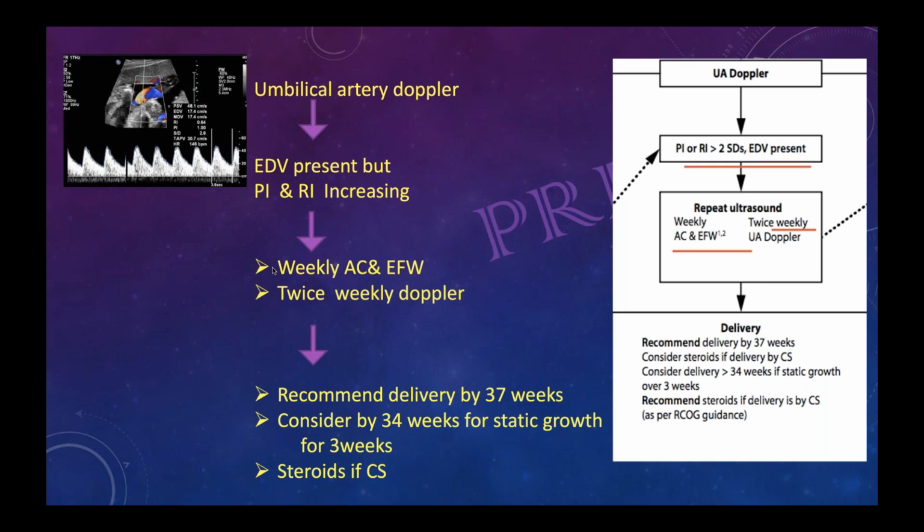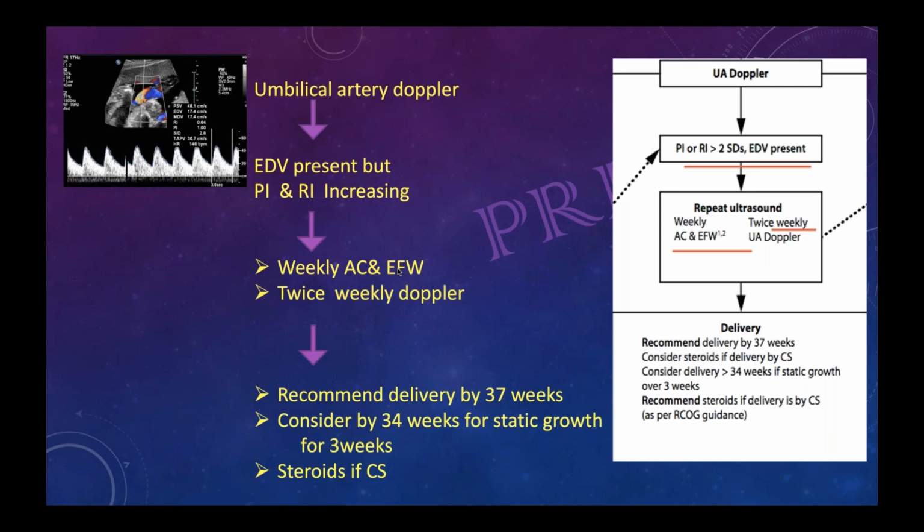But we can't let this patient wait for a long time. So for Doppler, we will call her 2 times in a week. If RI and PI are showing changes and they are increasing, we have to do something.